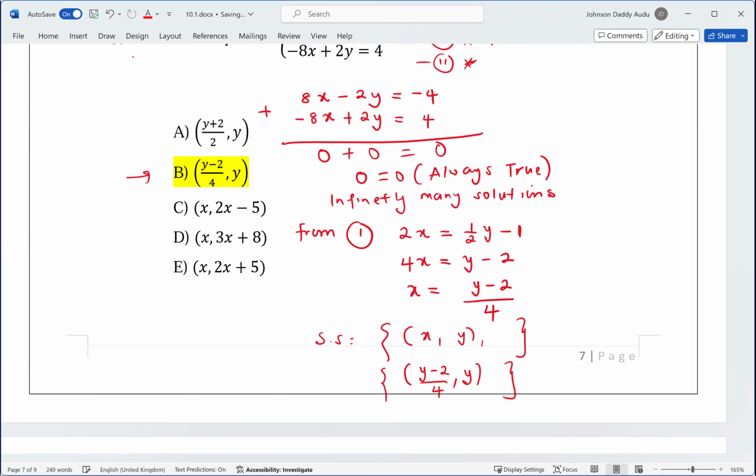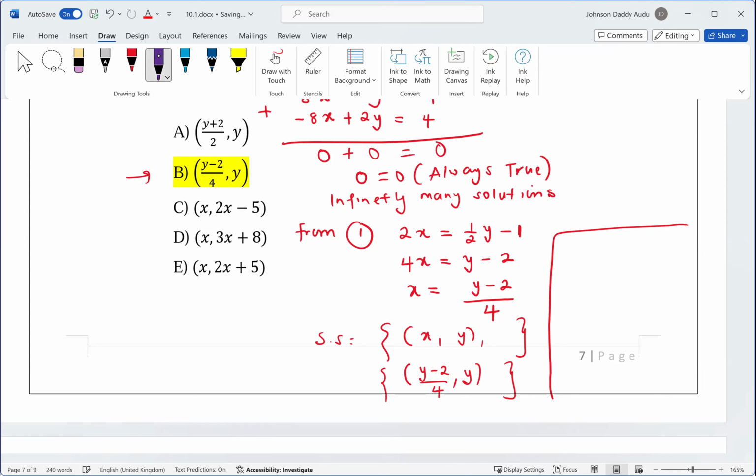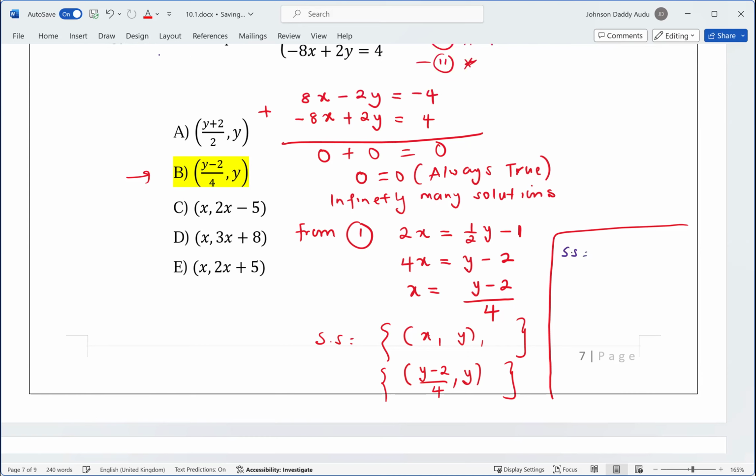Now, let's see another way we can represent this same solution. Let me use a different pen here. Remember we said x is equal to y minus 2 over 4. Instead of this, we can solve for y.